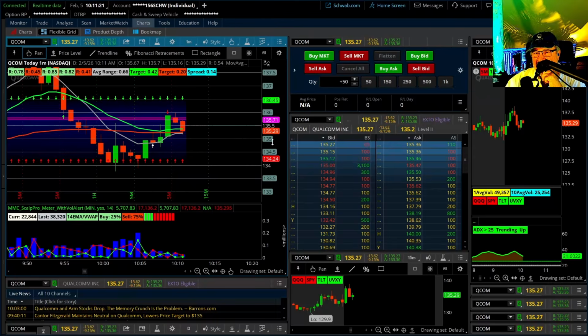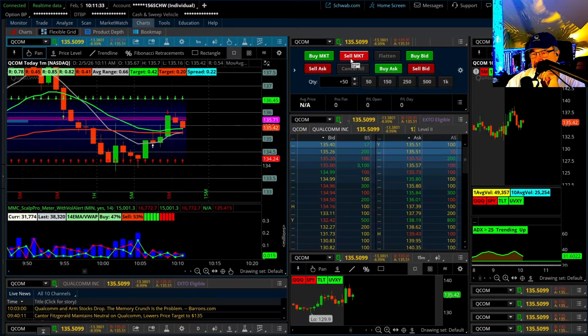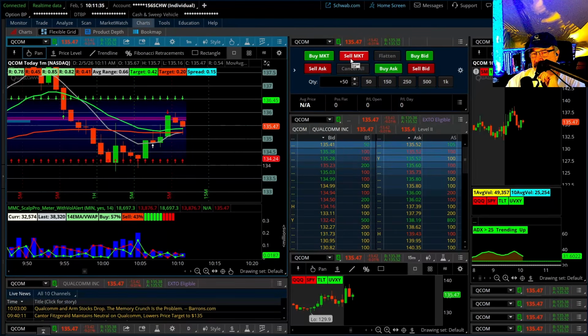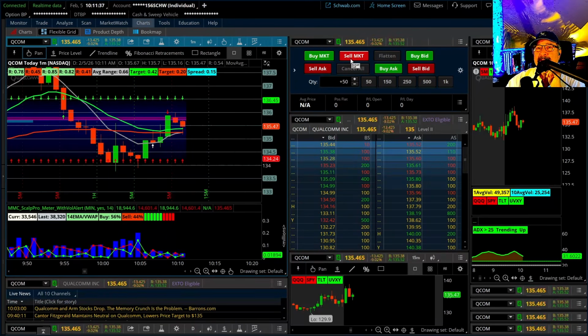Wow, it's a very tight spread. I might be able to get in and just... Oh, there it goes back up. Having trouble getting a bead on this.